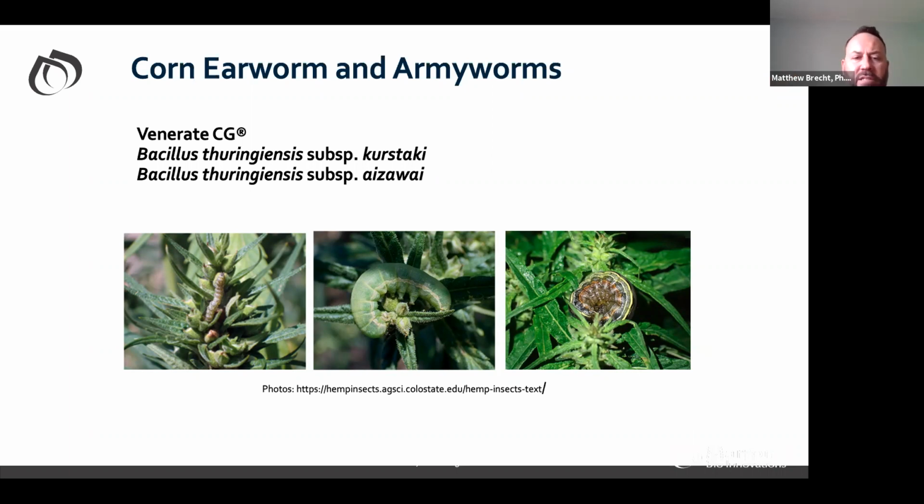That's an application of Venerate CG plus 2 of the Bacillus products on the market. You're going to look for the subspecies kurstaki and the subspecies aizawai, and those are the 2 that are going to cover any issues you have with the caterpillars.